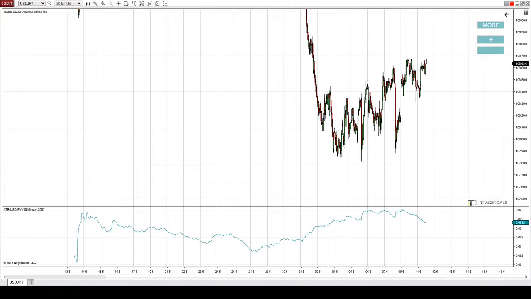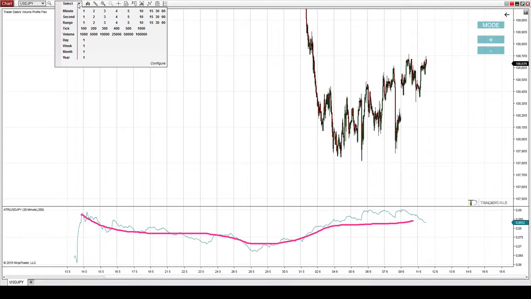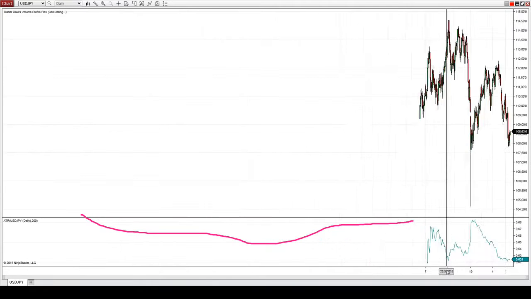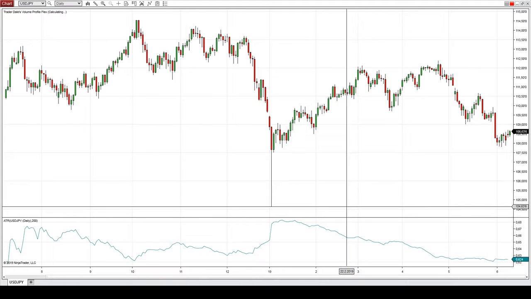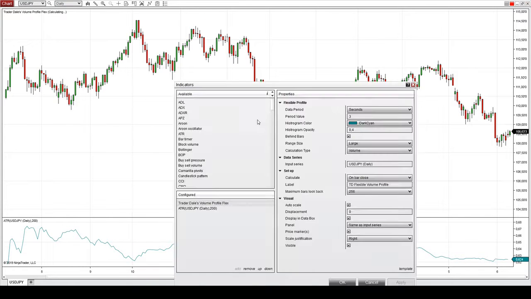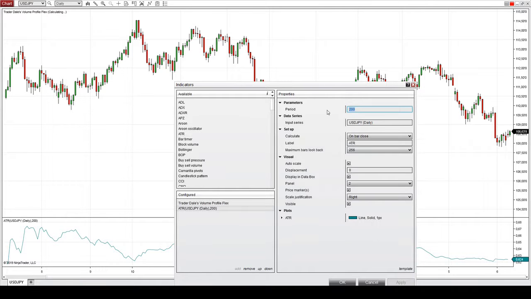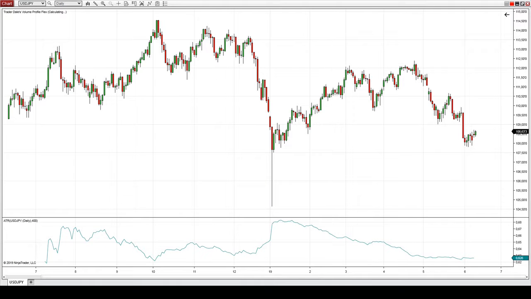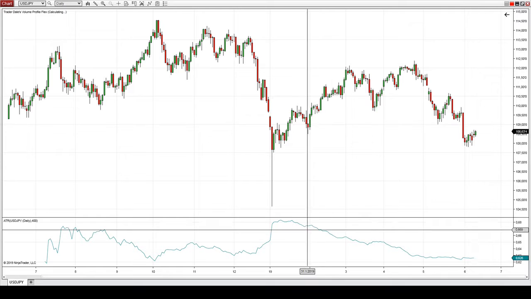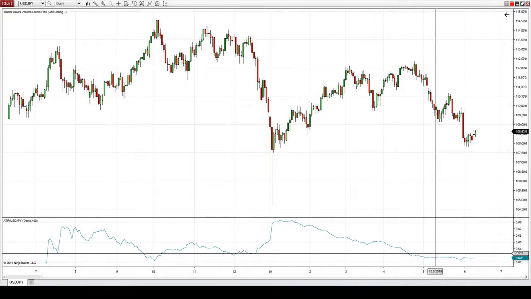All right, so this is the ATR indicator. To smoothen this line a bit, it's better to use a daily chart. And also, you can go back to the indicator settings and use a higher period, for example 400. All right, so as you can see from the longer perspective, the ATR is dropping, the average volatility is dropping.